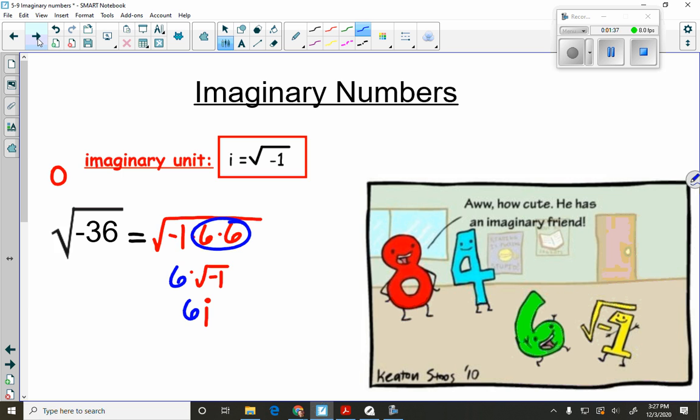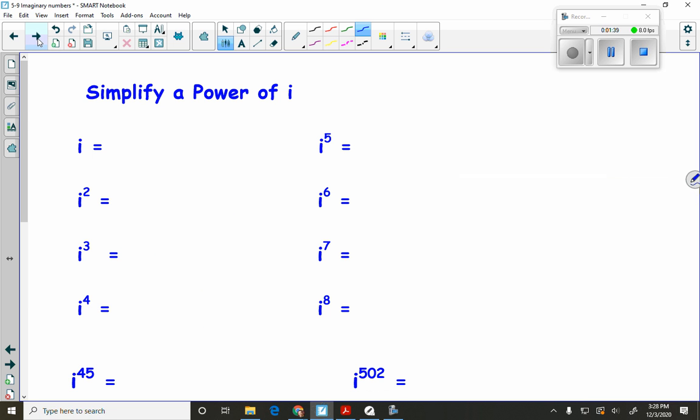Okay, so how does this I thing work? If I equals the square root of negative 1, then if I square it, that's essentially having a square root of negative 1 times the square root of negative 1. So I can combine those and call this the square root of negative 1 times negative 1. Now the temptation is to multiply them and get a positive 1, but it doesn't work that way because you're under a square root.